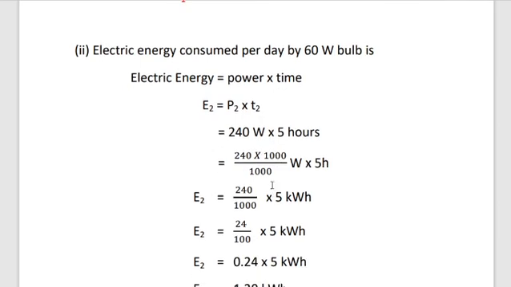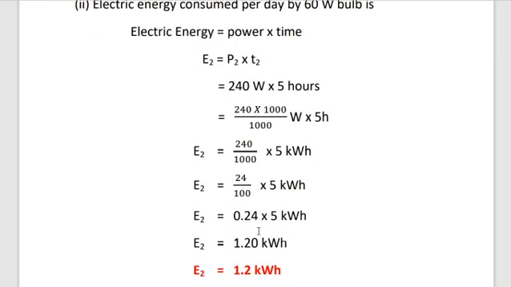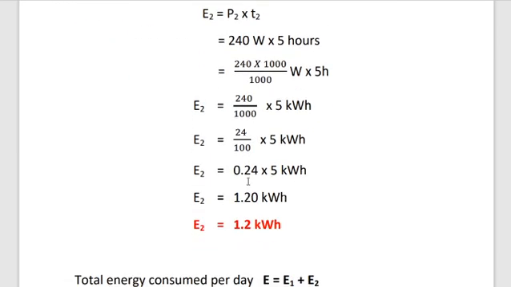The same process, 1000 multiplied on both sides, so the numerator 1000 is written as kilo. Then 240 divided by 1000. 0 cancel, 24 by 100, which is 0.24 into 5. 0.24 into 5 means we get 1.20 kilowatt hour.